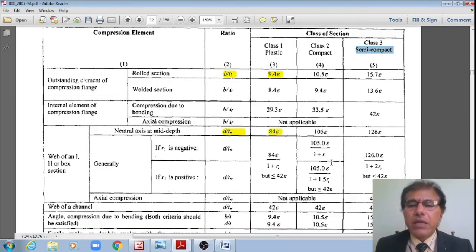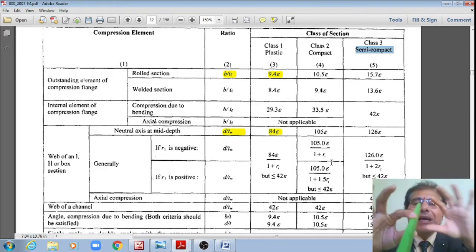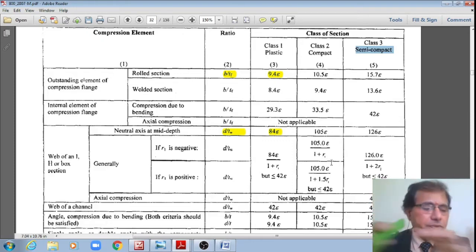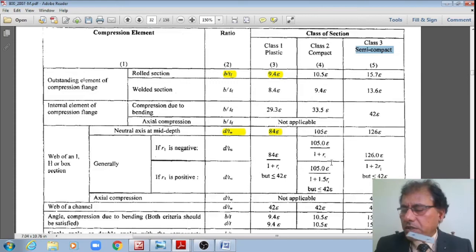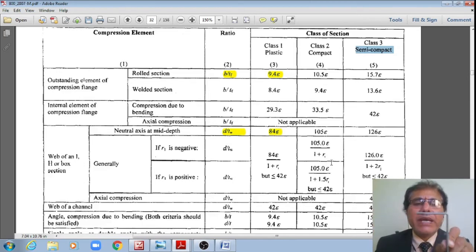Either you do like that, or you restrict. One alternative is that you increase the thickness of this double angle section, or you restrict these legs, either two legs or one leg, so that it is okay in this check. However, here the longer leg you can restrict to 90.